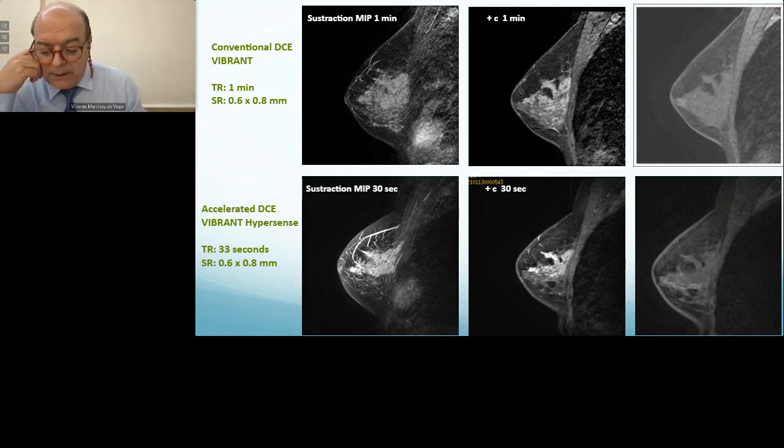We repeated the exam using Vibrant with HyperSense, reducing the acquisition times to 30 seconds and with the same spatial resolution. As can be seen in the bottom images, the tumor enhances faster than the fibroglandular tissue at 30 seconds, and the tumor margins are easier to demonstrate.